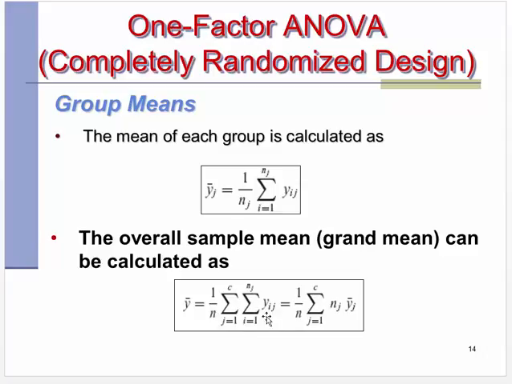So for every individual y observation, you add up from 1 through n_j its values within the group, plus we add up from j equals 1 through c for all the different treatment groups, divided by the total N. We can shorten this and express it as the sum of n_j times y j bar over N. That's right here. So that's the overall sample mean of all the population items.